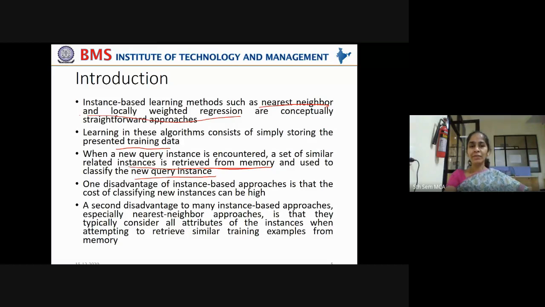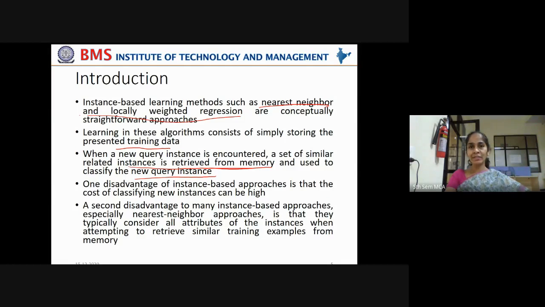Now, one disadvantage of instance-based approaches is that the cost of classifying new instances can be high. Why? Can you just think about it? Because none of the processing is done at the beginning.